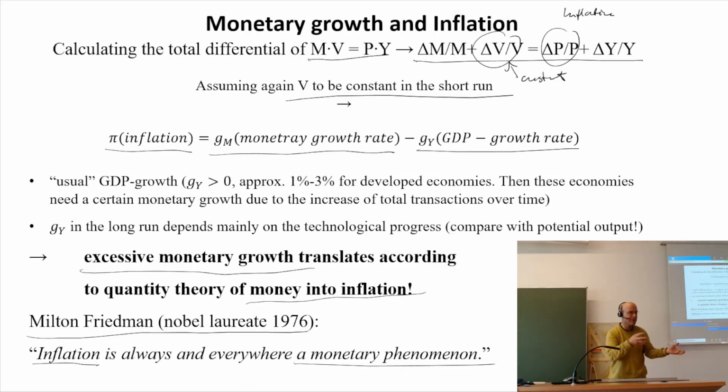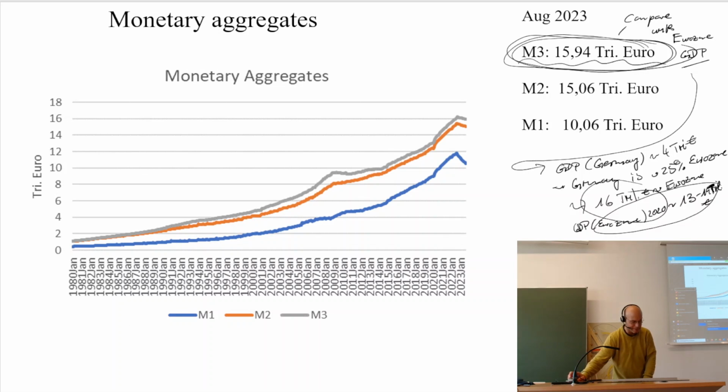And if we look back at the last decade, then we really were puzzled, because we increased, and this you see here in the amount of money, almost 10 years. We doubled the amount of money.